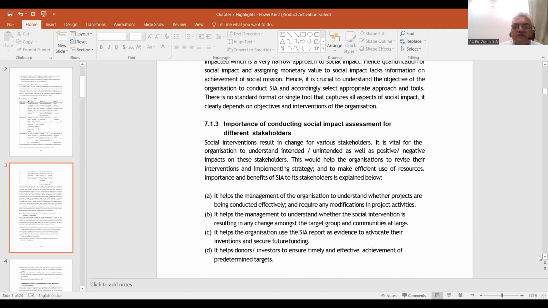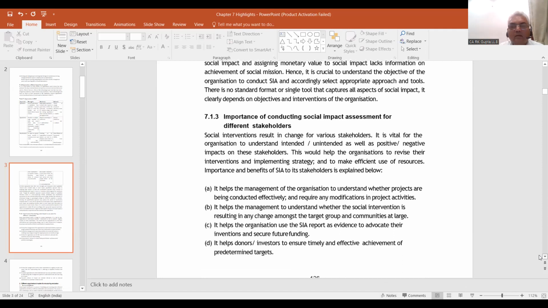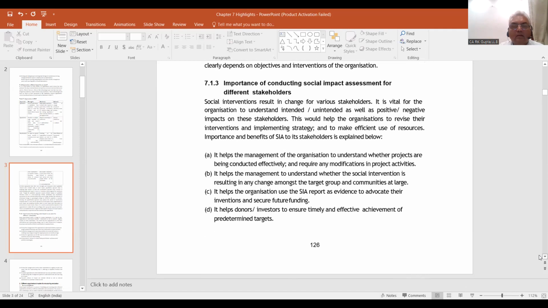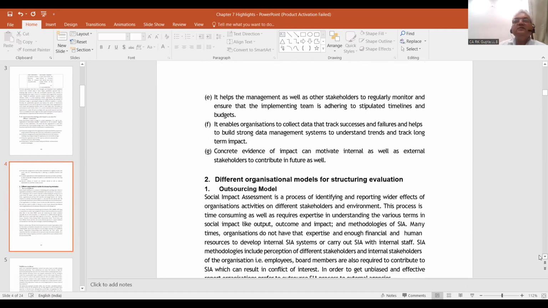And it helps donors or investors to ensure timely and effective achievement of predetermined targets. It helps the management as well as other stakeholders to regularly monitor and ensure that the implementing team is adhering to stipulated timelines and budgets.